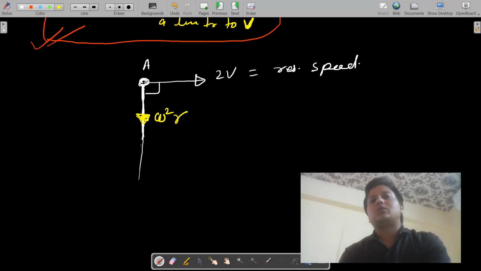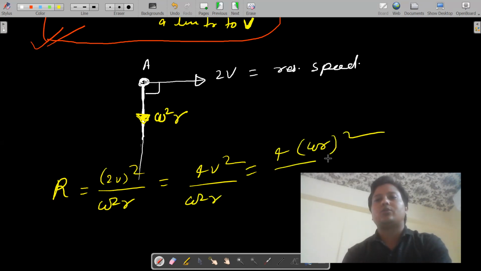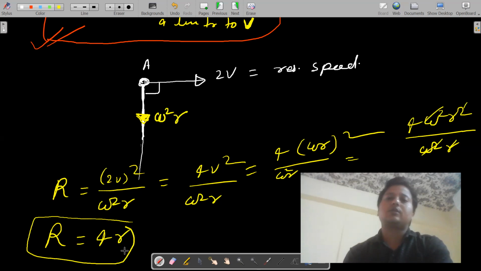So the radius of curvature will be 2v square over omega square r. So 4v square over omega square r, and we know v is omega into r in case of pure rolling. So what will be the final answer? 4 omega square r square over omega square r. So r gets cancelled. So the required radius of curvature comes out to be 4 times the radius of the cylinder or sphere given in the question.